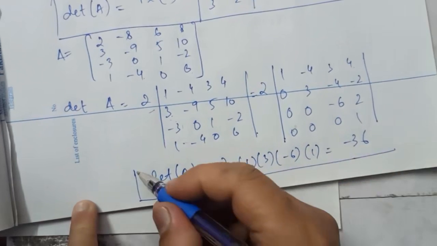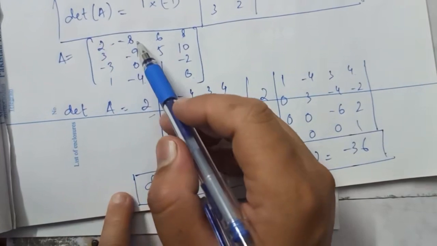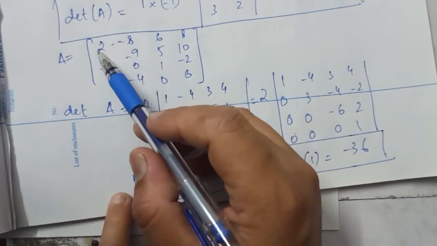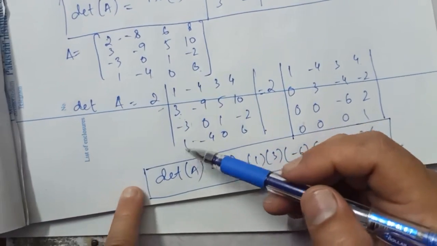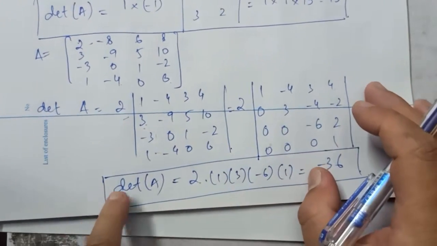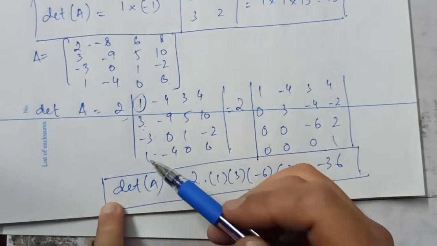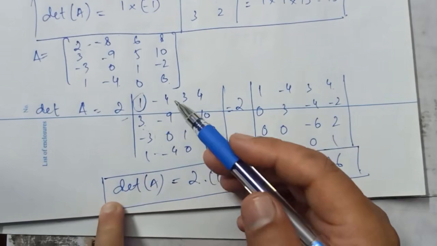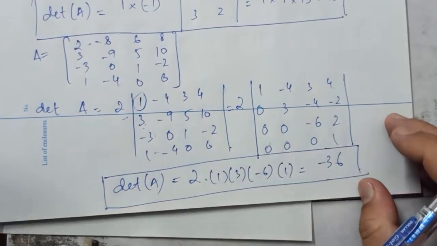So by taking this factor of 2 out, we have simplified the calculations that we were going to do further. So it is sometimes, I think, recommended all the time to make this entry 1. Okay, now you can subsequently do that for other matrices as well.